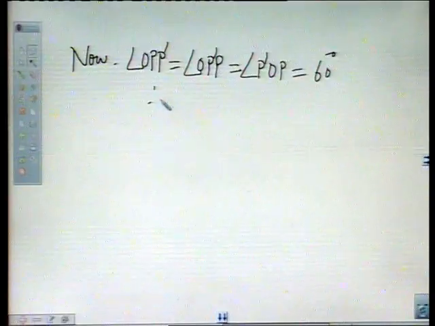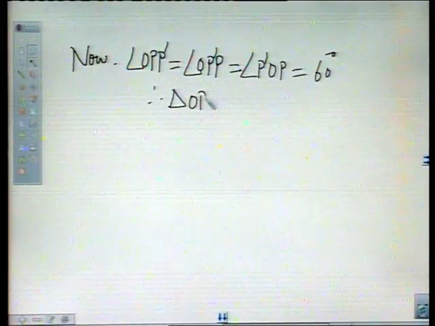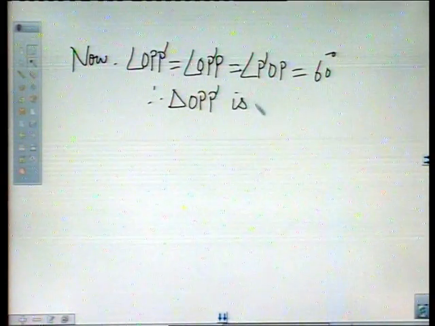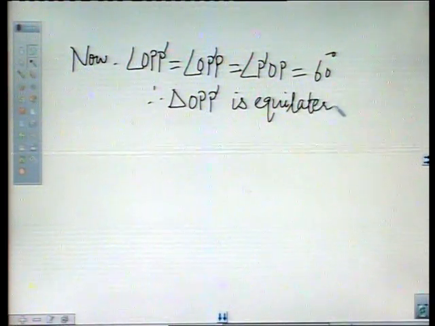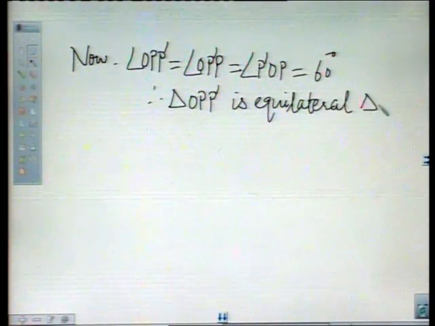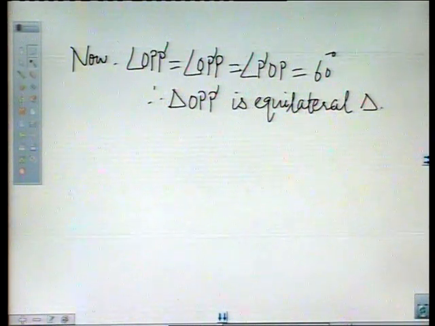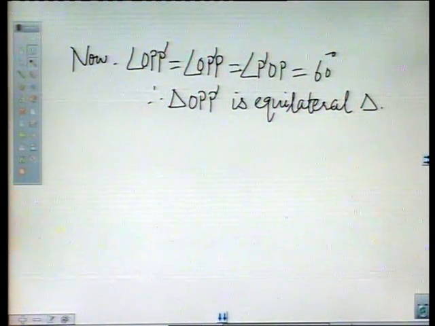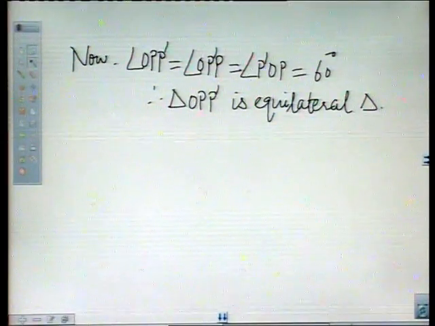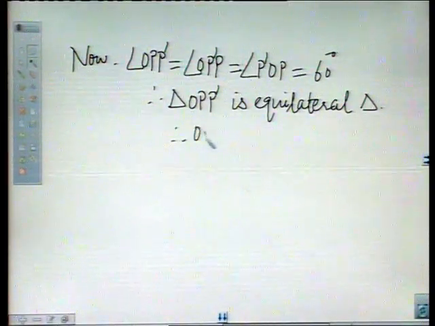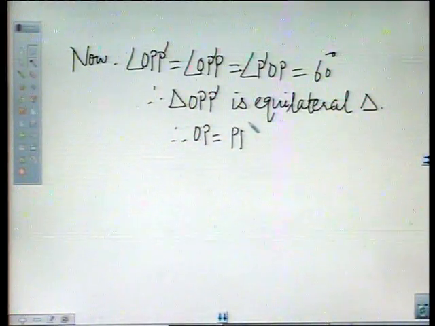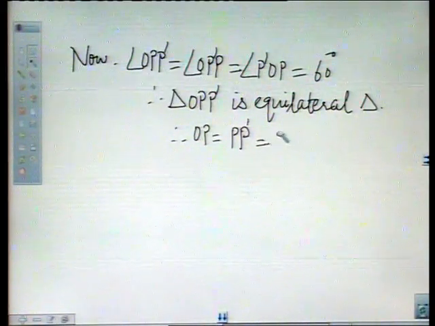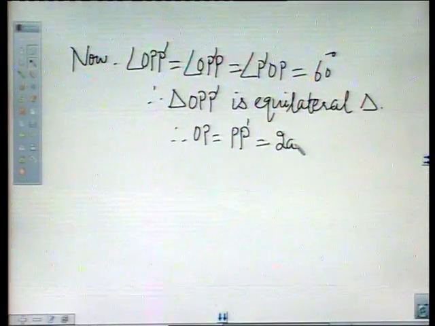Therefore, triangle OPP dash is an equilateral triangle, because all three angles are equal to 60 degrees. Therefore, OP is equal to PP dash, and this is equal to 2A.